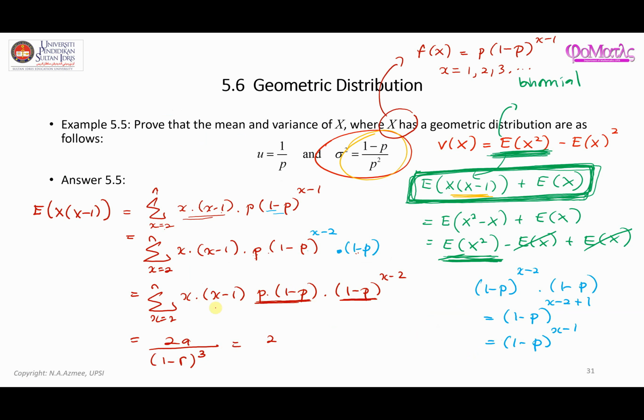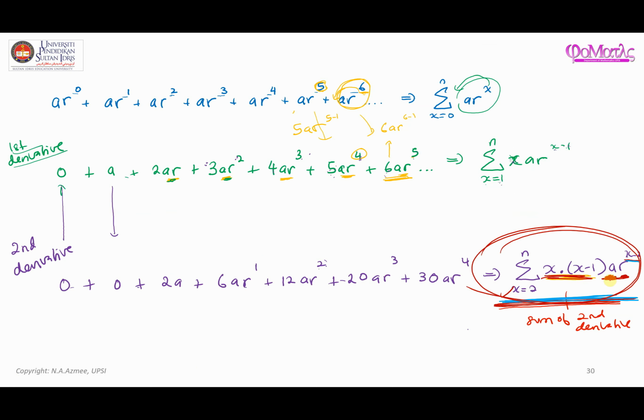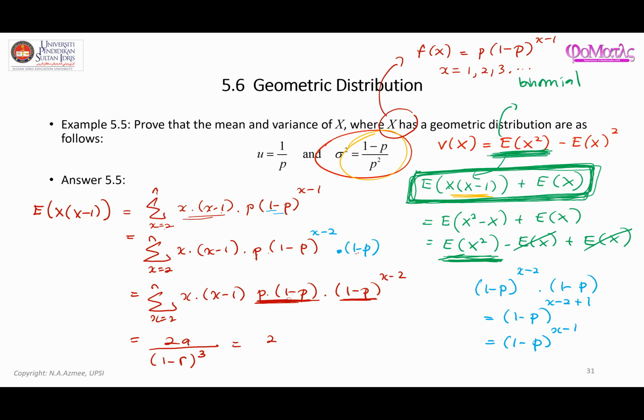Because I have managed to represent this series to look exactly like this one. So I know that a here will be represented by p(1 minus p). So that is a, so 2p(1 minus p). And what is r? R is this one right here, which is 1 minus p. So this is r, yeah?